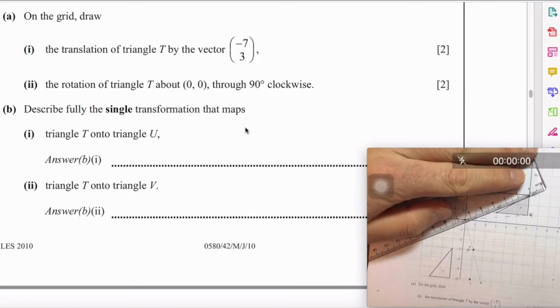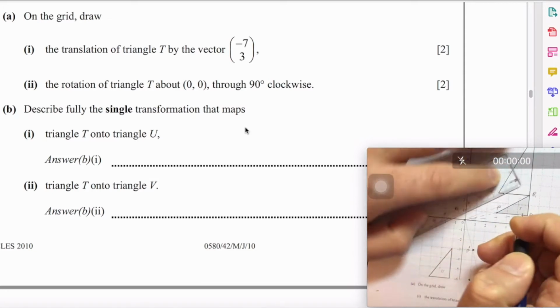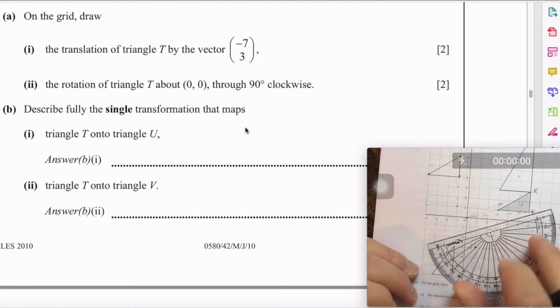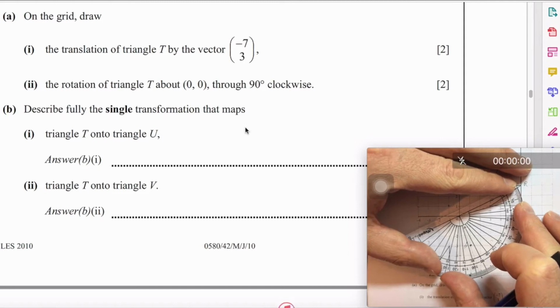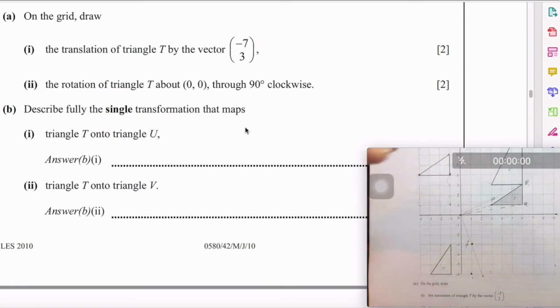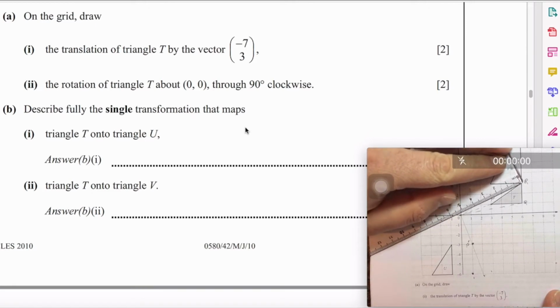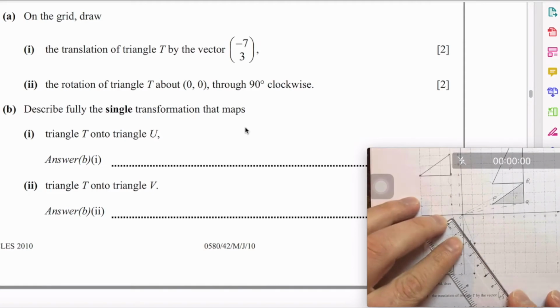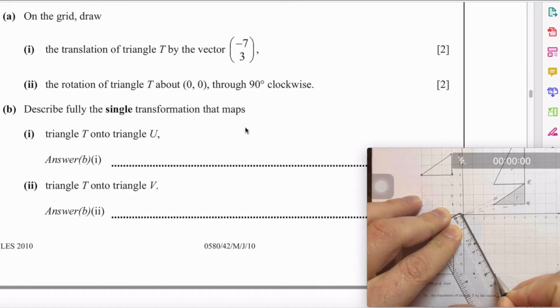Then the next one, I construct a 90-degree angle here on this line. I would like you, at the same time, to repeat the same steps to see. So let me measure the distance. It is about 5.3. So on this line, we know that the image will lie on this line. 5.3 will be here.